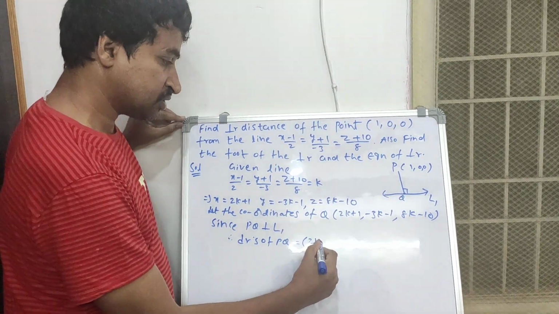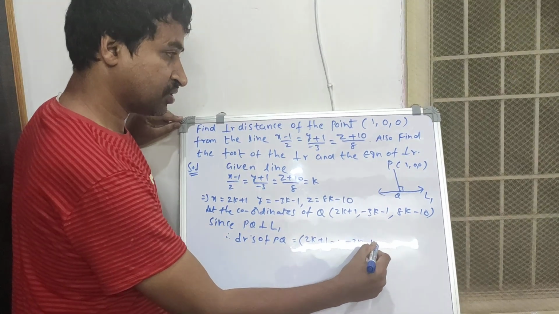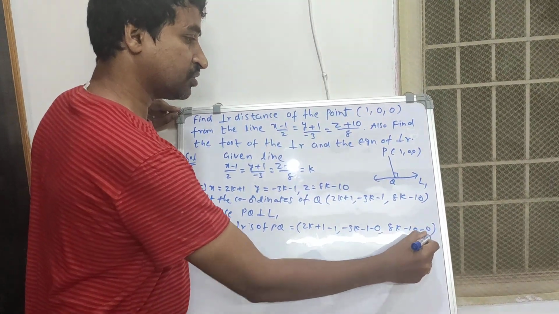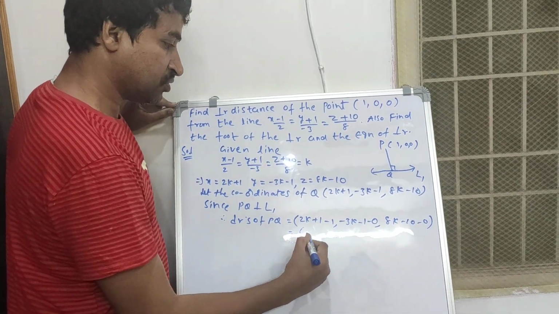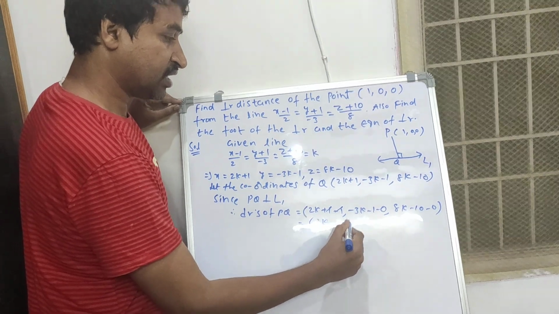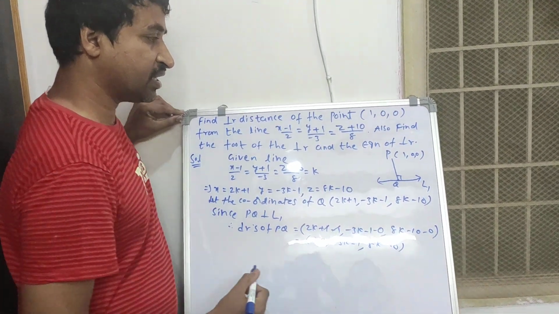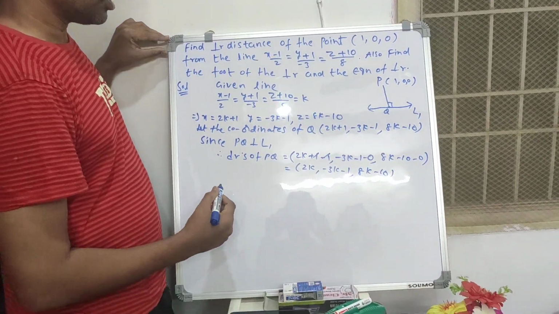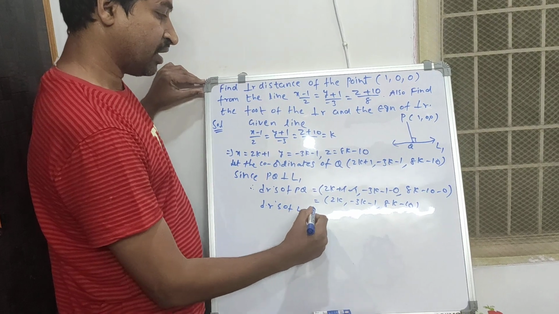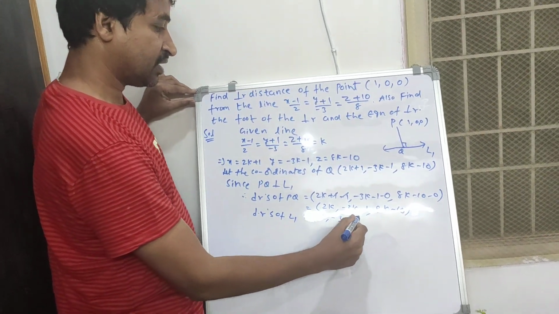So 2k plus 1 minus 1, minus 3k minus 1 minus 0, 8k minus 10 minus 0. That gives 2k, minus 3k minus 1, 8k minus 10. So these are the direction ratios of line PQ. And the direction ratios of L1 as per the given question are 2, minus 3, 8.